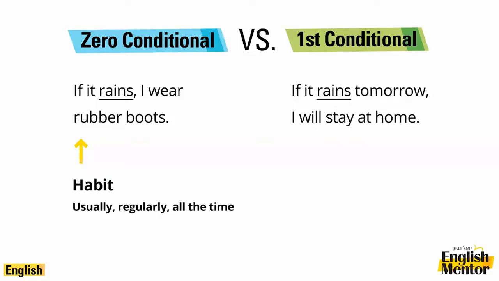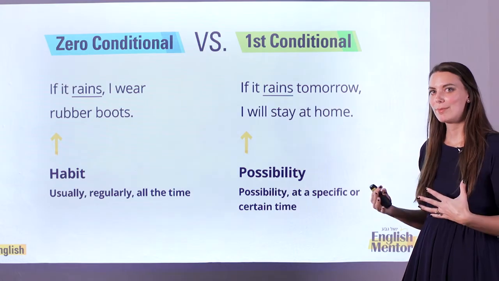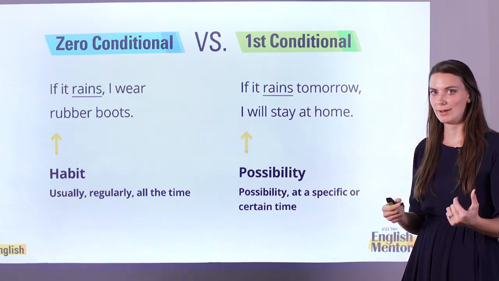Maybe sometimes if it rains, you will go to the beach and play in the water like all around. I don't know. But the condition here is, if it rains, what will you do? Maybe you will stay at home, maybe you will do something else. So it's not a habit, it's a possibility. Something that we're talking about at a specific or a certain time.